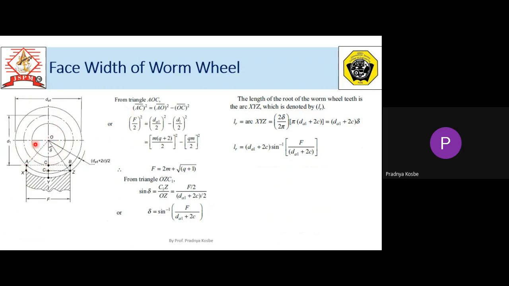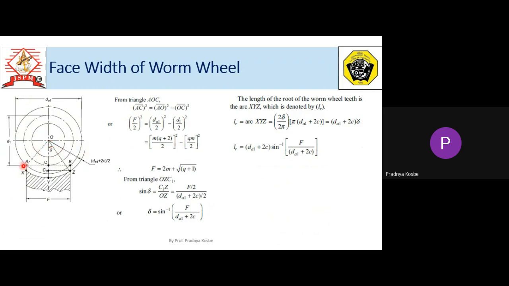So AC square will be equal to AO square minus OC square. What is AC? AC is half of the face width. Total AB is the face width. You can see F is the total face width. So AC is half of the face width. So put over here (F by 2) square.